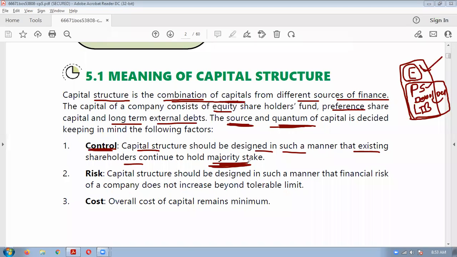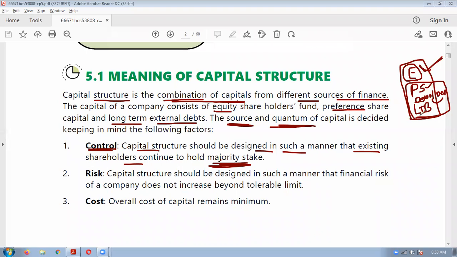Suppose further new equity shares are issued, then it will dilute the control. If the company wants control to remain with the existing shareholders, then it will not go for a further equity issue. Then it will check the other alternatives.